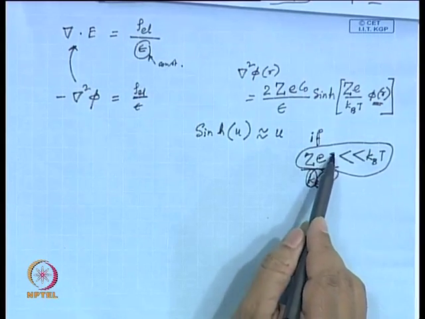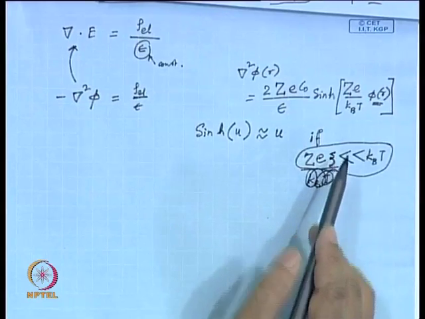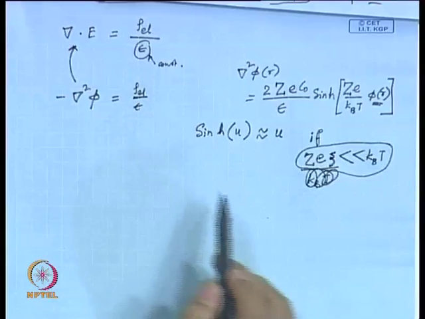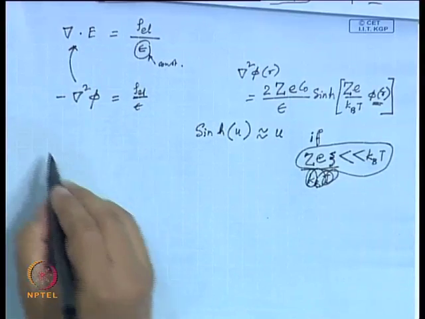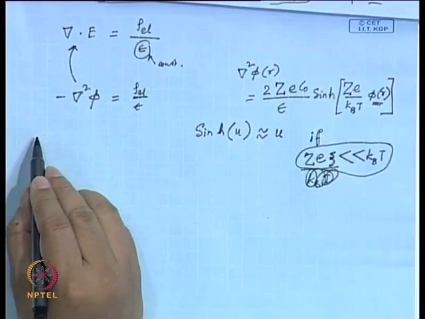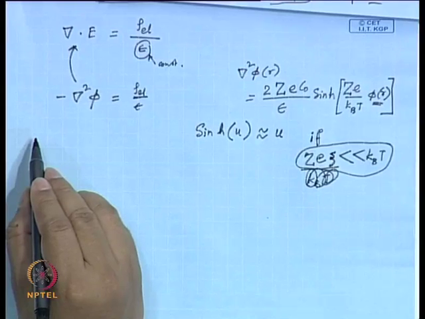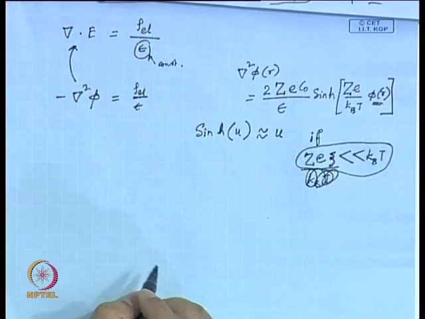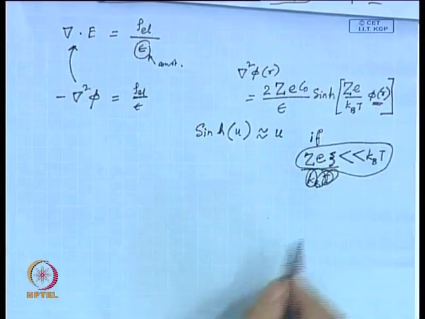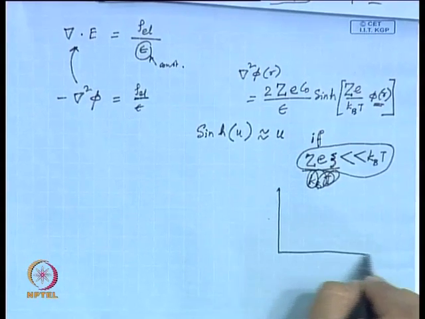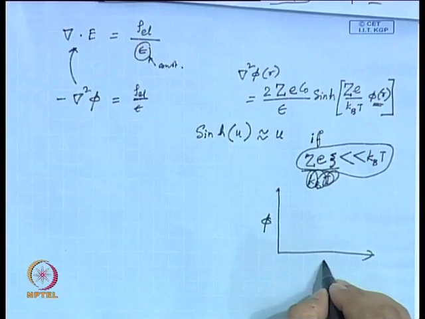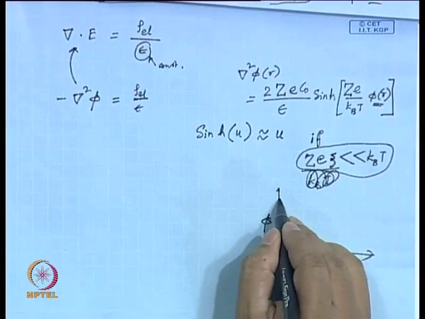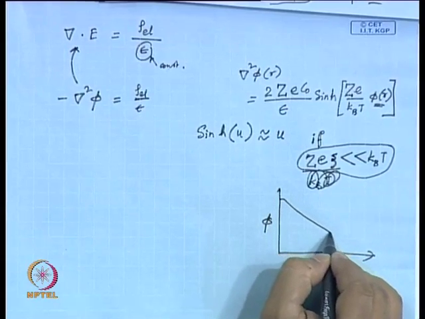Now, why do I write this as zeta and not phi? What is the difference? What is new here? See, if we try to plot phi versus z, then you get a profile which is something like this.